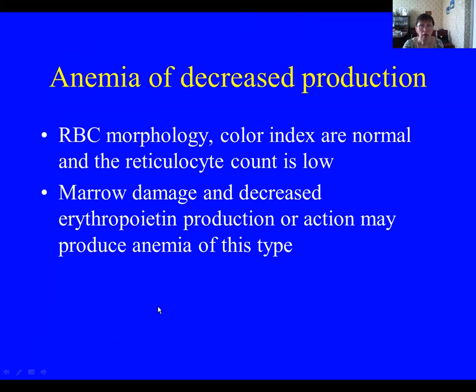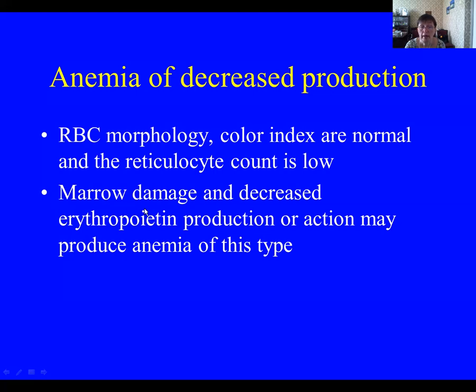And the last group of anemia that we will speak about today is anemia of decreased production. Red blood cell morphology and color index are normal in such anemia, but the reticulocyte count is low because of decreased production or decreased regeneration.